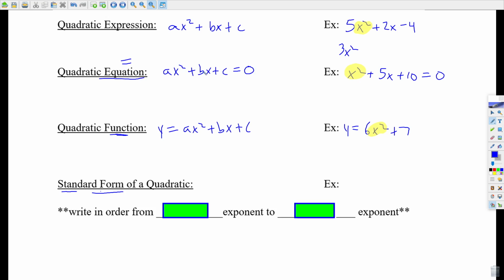So if you have all the pieces, x squared and x, and then the c, in this order here, it's called the standard form. So we have ax squared plus bx plus c. That would be an example like the very first one we did, the expression, or we can make another one. Let's say 10x squared minus x plus 2.